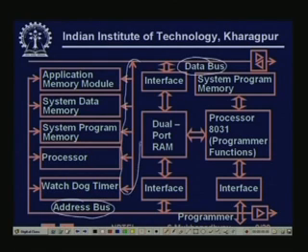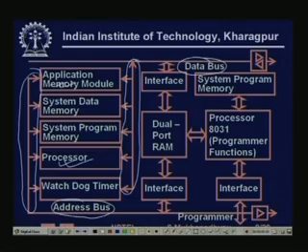So these are the data buses, connecting to various devices, and these are the address buses by which the devices can be selected. You have the main processor, you have various kinds of memory. You have application memory where the computational tasks run. Even for running tasks, for managing the resources of the PLC you need some programs which are typically called systems programs. So for that you need systems program memory, you need systems data memory.